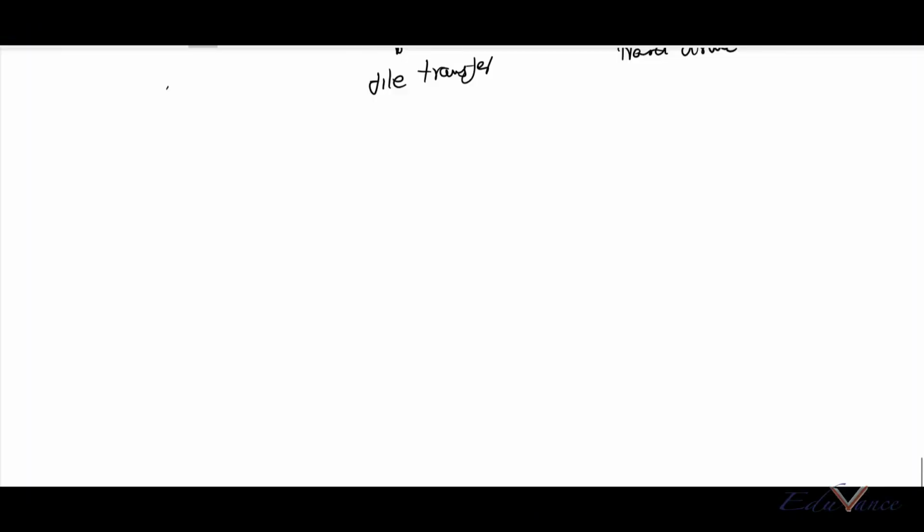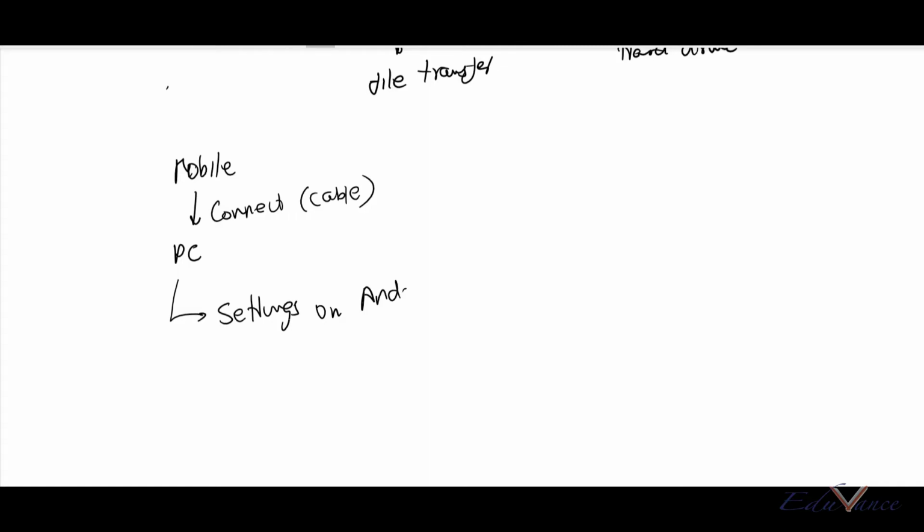So let us look at these basic steps. So first we take our mobile phone and we connect it to our PC. So we connect it using a cable. So I'm going to show you that step first. Then we have to make a few adjustments or settings on our Android phone, and then we will go ahead and copy this on our phone.